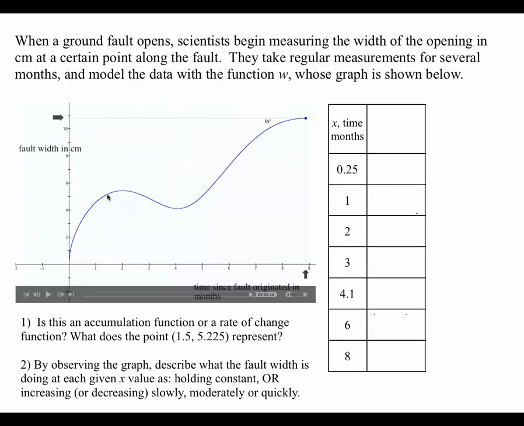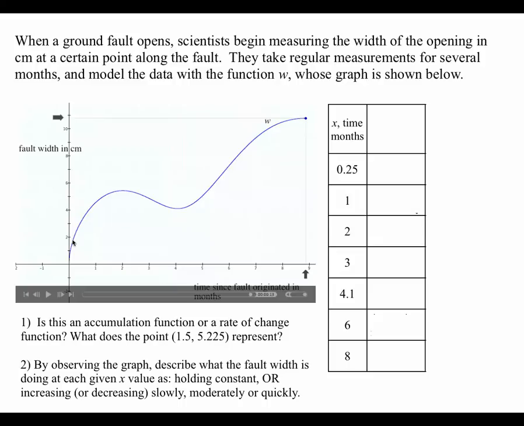Okay? So now, by observing this graph of accumulation, describe in general what the fault width is doing. Okay, so holding constant, is it increasing or decreasing? And if it's increasing or decreasing, how is it increasing or decreasing? Slowly, moderately, or quickly? So, for instance, at 0.25 months right here, what would you say?